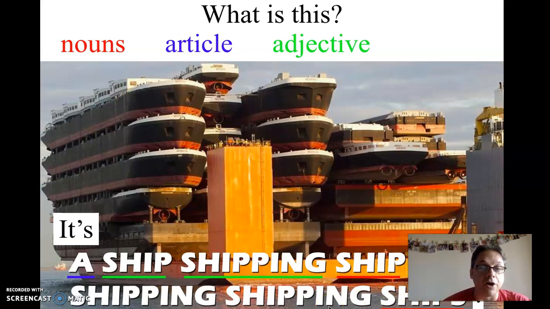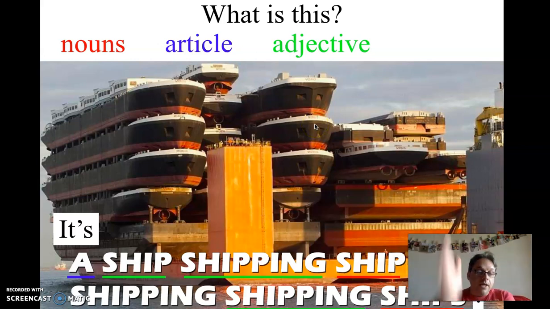We're also missing a verb. So one of these must be a verb, and one of these must be an adjective. Well, if we're going to guess, the one that is an adjective is closest to the noun. And you would be right. This shipping is the adjective. These ships here are also ships, just smaller ones, that transport other ships.